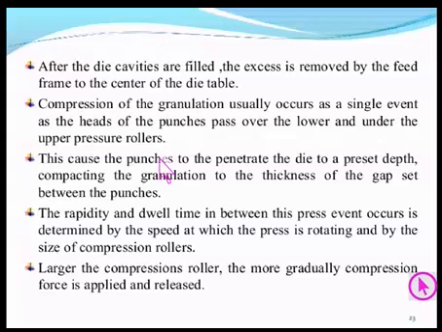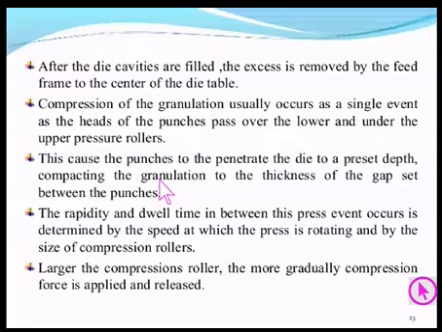This is the single event where the upper and lower rollers press the punches so as to progress them inside the die cavity, so that the material in between their gaps will get compressed and compacted during that single point when the rollers exert their maximum load at a particular point of time.